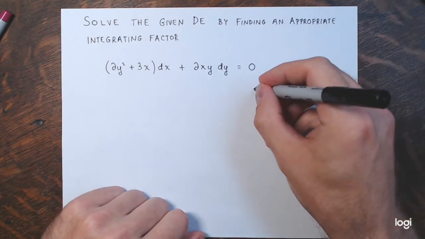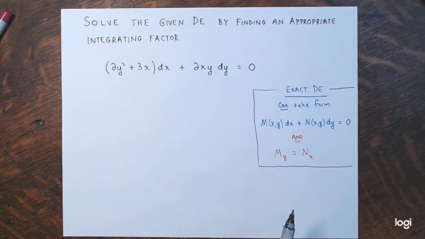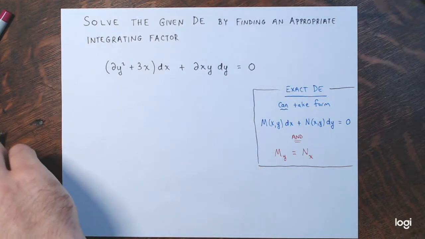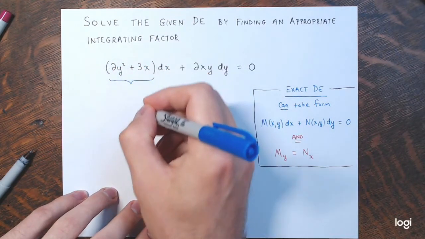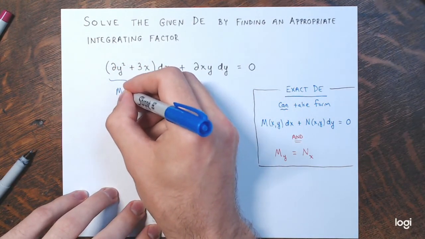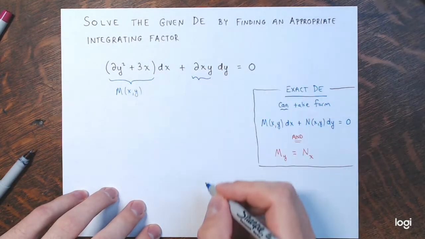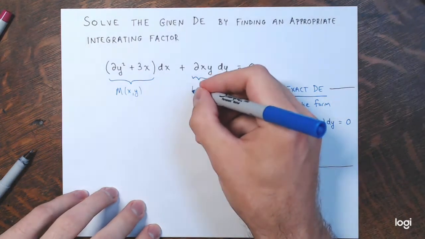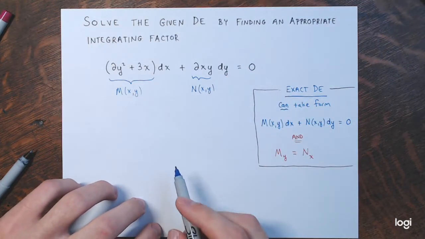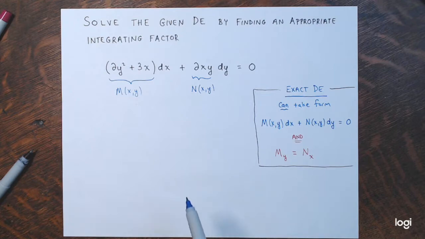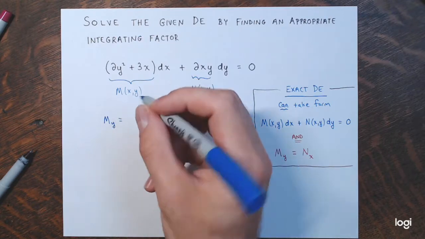Okay. So we're going to see here that this example that I have is not an exact equation. I've got this form. Now the 2y squared plus 3x, that's going to be the M of x,y. And then this 2xy in front of the dy there, that's the N of x,y. But we're going to see that it's not exact because the partial of M with respect to y is 4y.